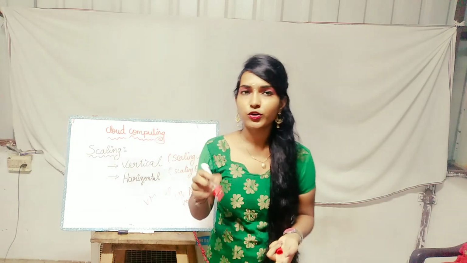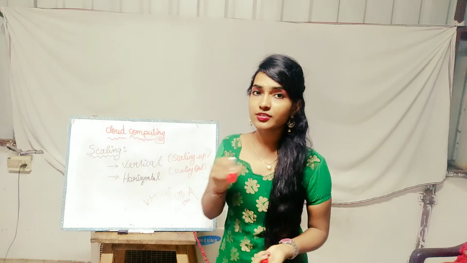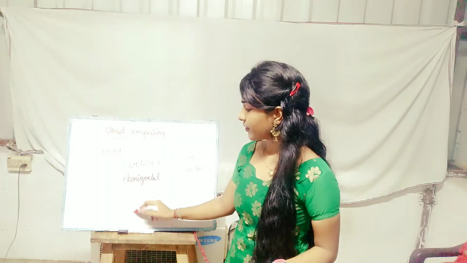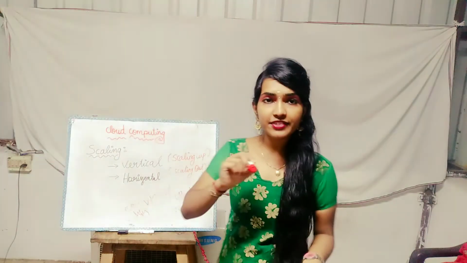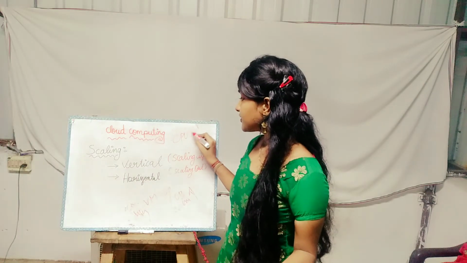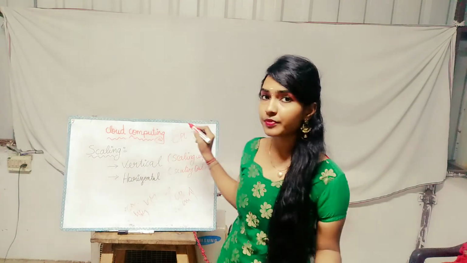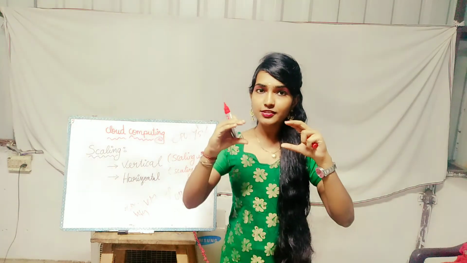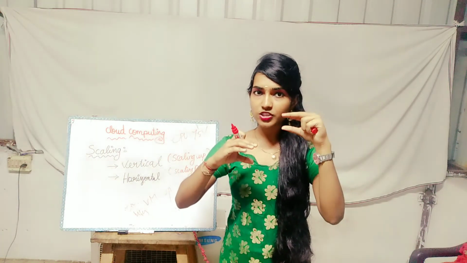Let me explain. For example, we'll just measure it by using CPU and memory. We'll give a criteria like if the CPU percentage is greater than 75%, that time just increase the instance. That is, a virtual machine instance will be created, similar to the existing virtual machine instances.